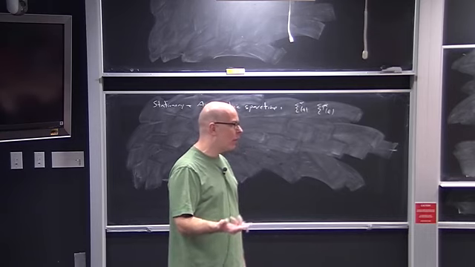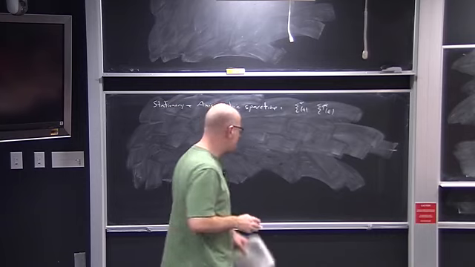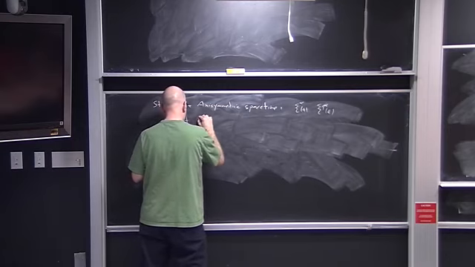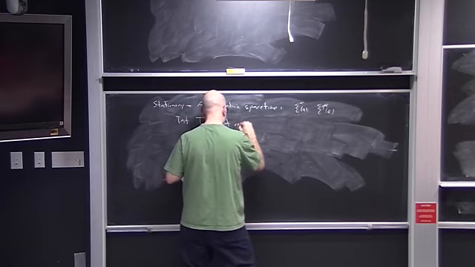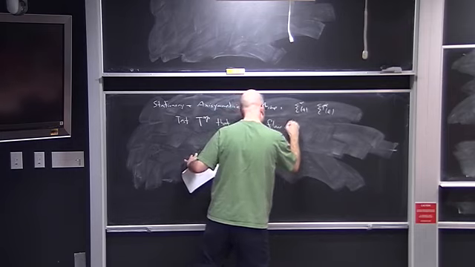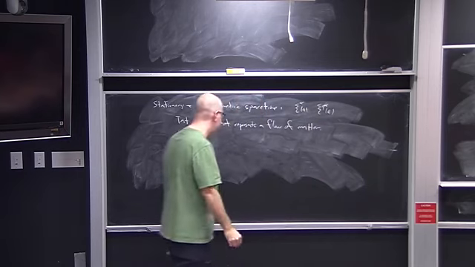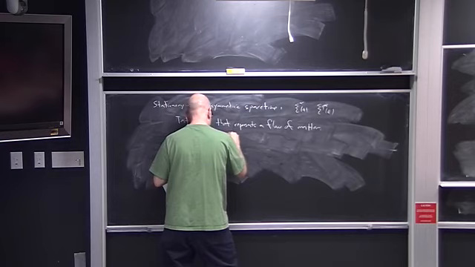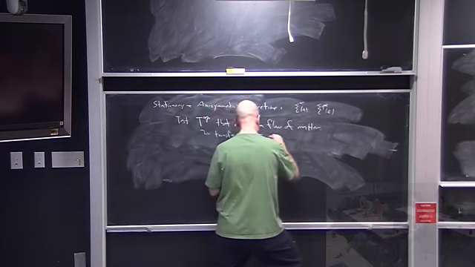And to that flow of matter, I want to associate a flow of mass and a flow of angular momentum. So we have a test T mu nu that represents a flow of matter in that spacetime. And from that, I want to calculate a transfer of mass and angular momentum across a hypersurface.